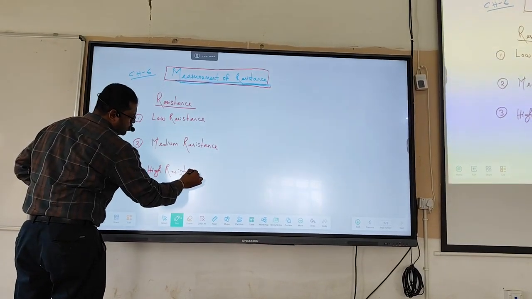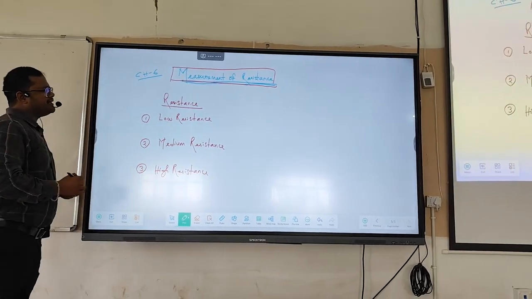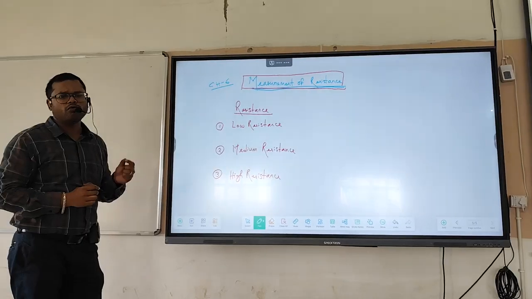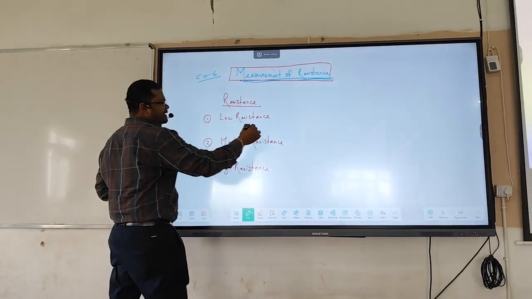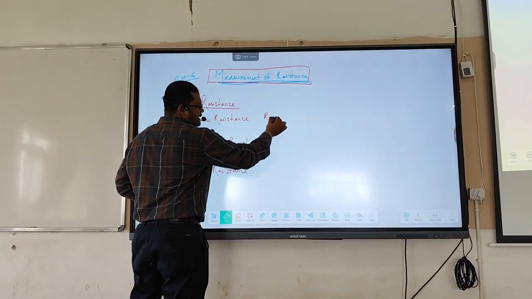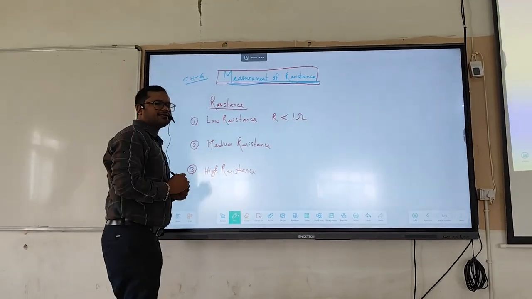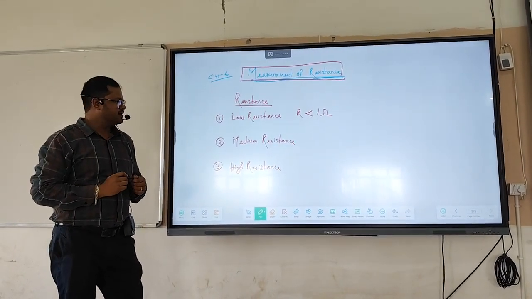What are these low resistances? Basically, the range is below 1. If the resistance value is below 1 ohm, we treat it as a low resistance.